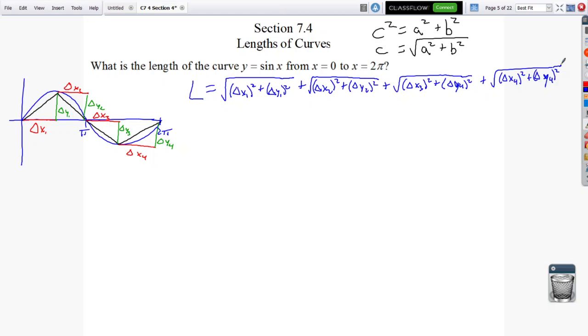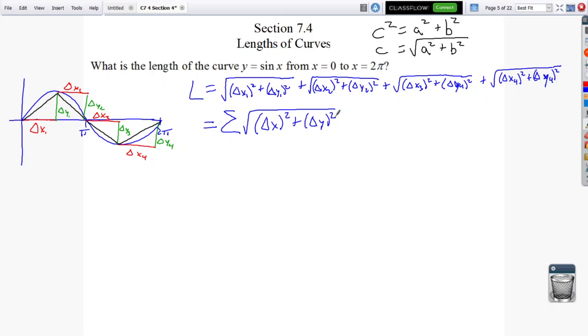So here again, we don't want to have just 4 segments, we want to have infinite segments. But however many segments we have, instead of adding all of them individually, we can use the shorthand of just the sum of the square root of delta x squared plus delta y squared. So that allows me to write as many segments as I want in really shorthand.